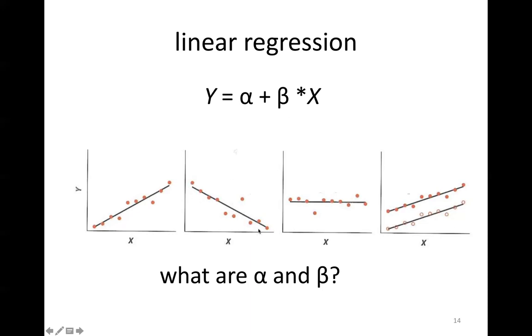Whereas here, if the relationship is negative, if the correlation coefficient is negative, the slope will also be negative. If correlation is positive, slope will also be positive. Here, slope should be 0. If correlation is 0, slope is also 0. And there the relationship is very clear.